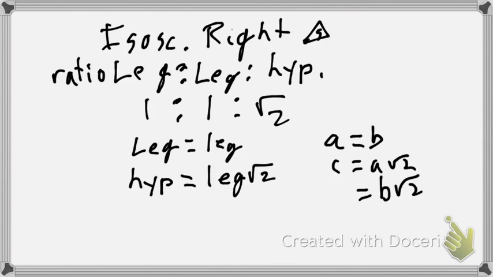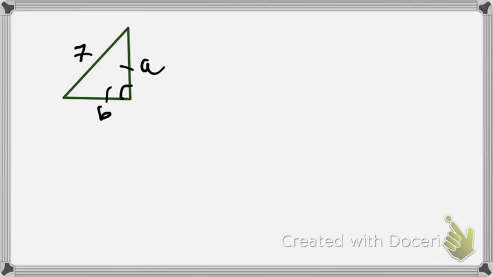So before we get going, there's one more thing we need to go over, and that is rationalizing denominators. So let's say that I have this nifty triangle right here, and I know that's a and that's b, and I have, let's say, 7 as my hypotenuse.